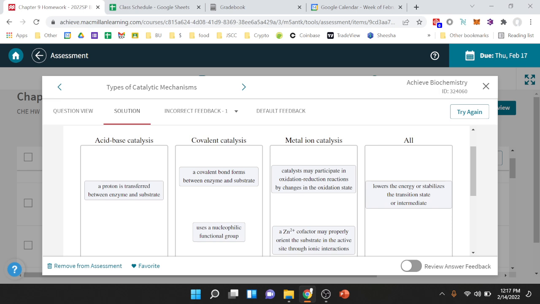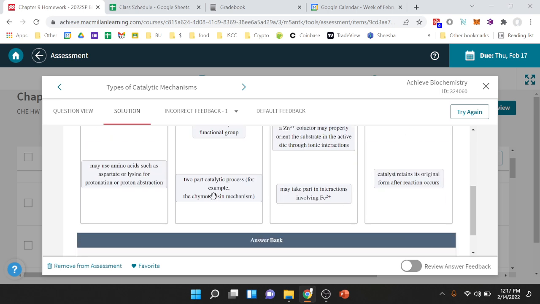So if you make a covalent bond to attach this thing and do this reaction, you're going to have to break it, aren't you? And so always, a covalent catalyst is going to have two steps, one making the covalent bond, one breaking it, right? Automatically, there is no other option, right?